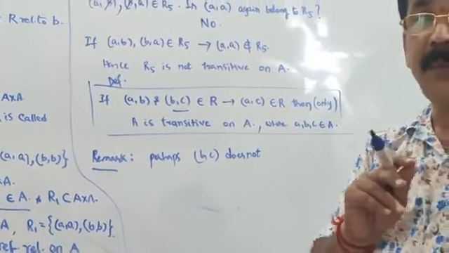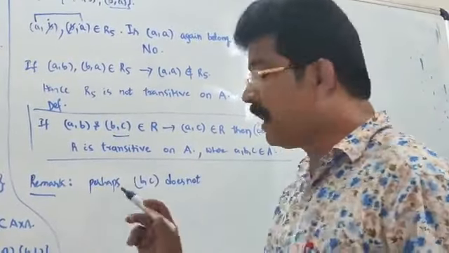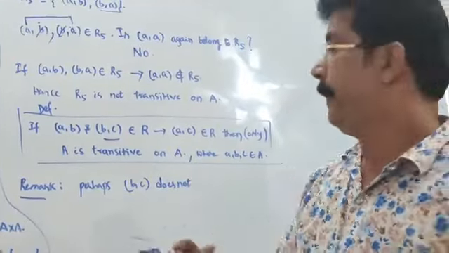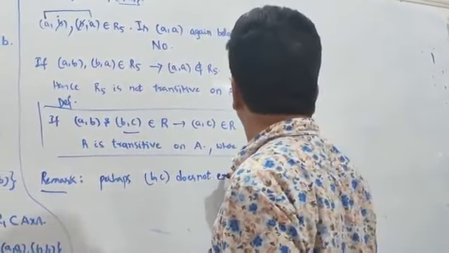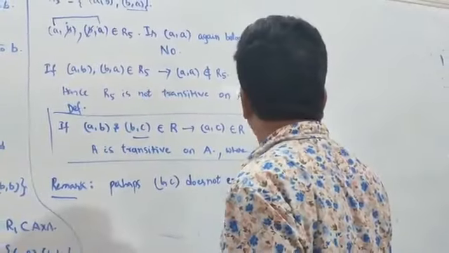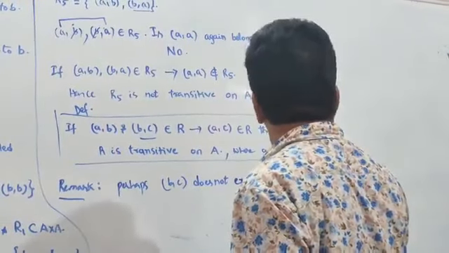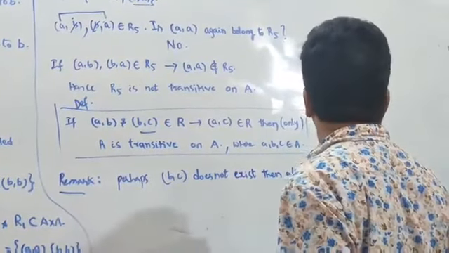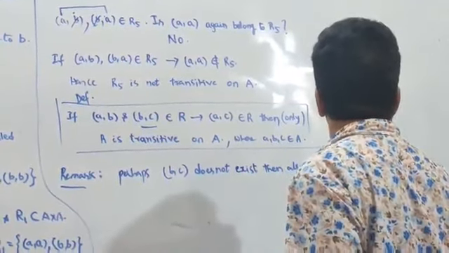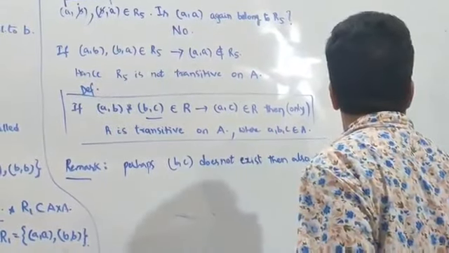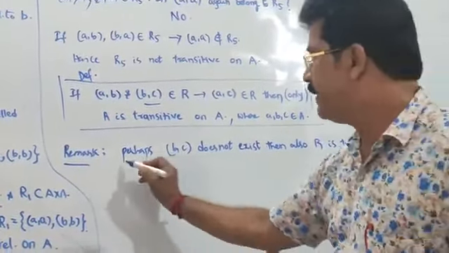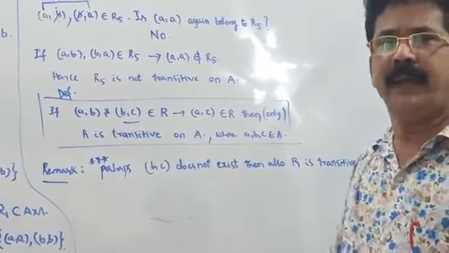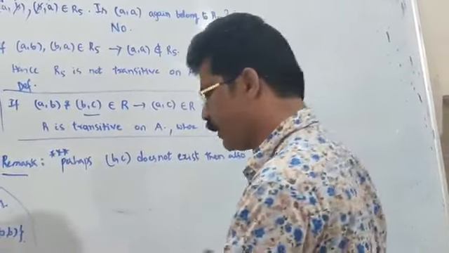I'm not telling about belonging or not belonging, I'm telling about existence. If it does not exist, then also capital R is transitive. This is a very important point. I will show one example for this statement.